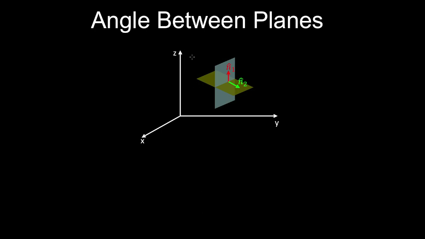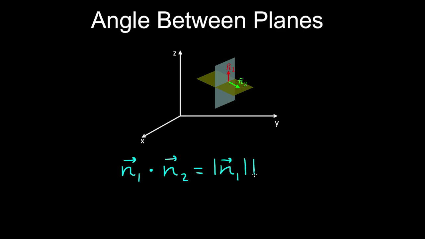Recall that we can find the angle between two vectors using the dot product. So in this case, if we have a normal vector to the horizontal plane that's not normalized, and we take the dot product with n2, then that's equal to the magnitude of both vectors.